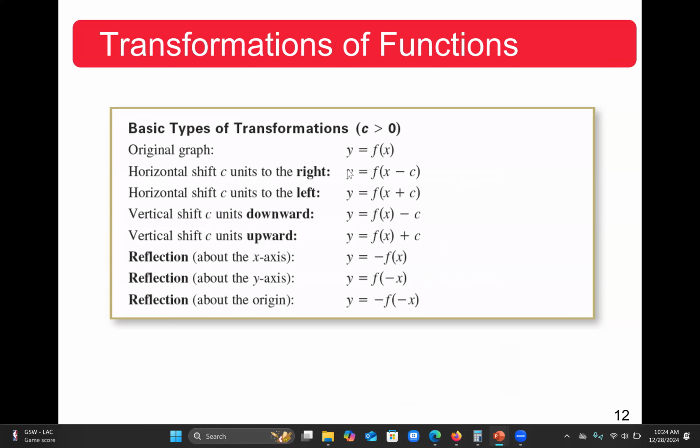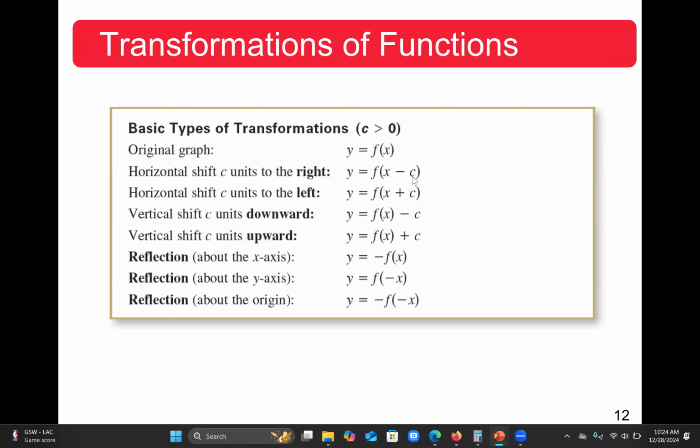Now in our previous question, we saw y equal to x squared, or y equal to f of x, f of x squared. Now we also saw that this time instead of y equal to x squared, we say y equal to x plus 2 all squared. So we can see the plus and minus, how it works.